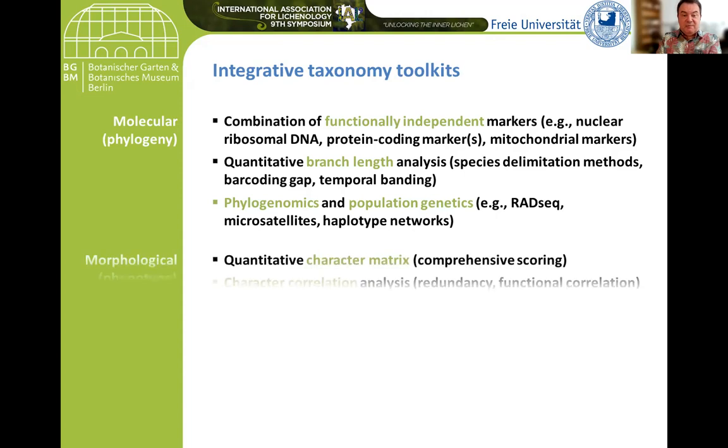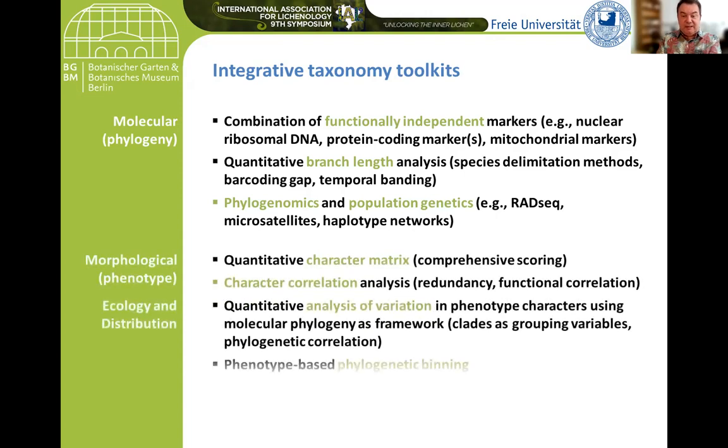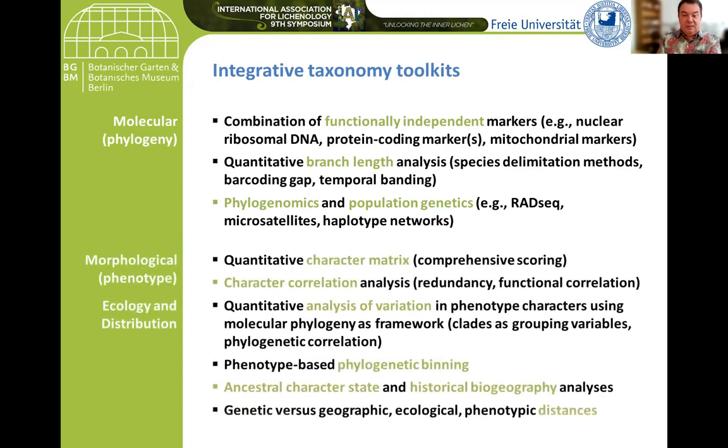And then, on top of this, when we have the character matrix, which is a precondition for this, we can do character correlation analysis, look for redundancy, functional correlations, quantitative analysis of variation in phenotype characters based on a molecular phylogeny as framework.